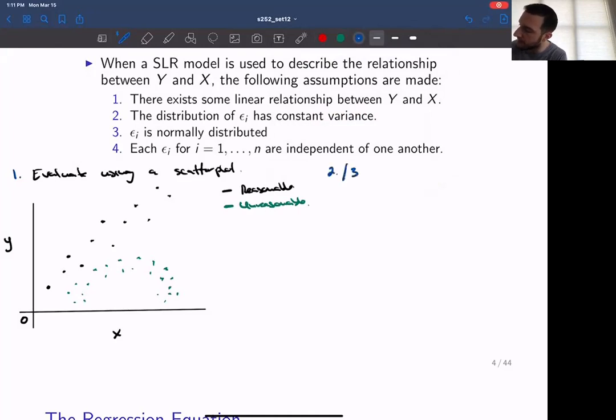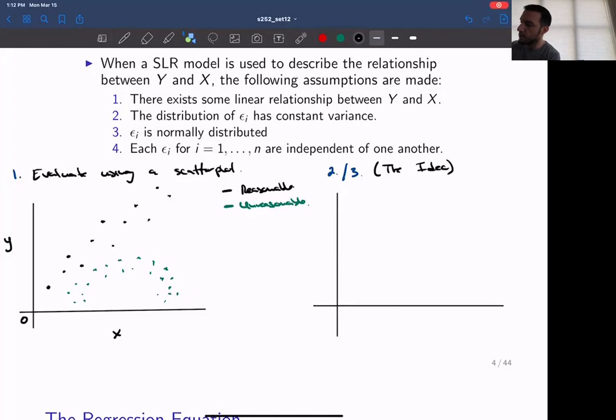But I want to go over the idea here. The second and the third assumption is basically assuming that we have a true relationship between Y and X. So this is going to be capital Y. This is going to be capital X, representing the population of interest. We're going to have some straight line model that relates Y to X. So maybe it looks something like this.